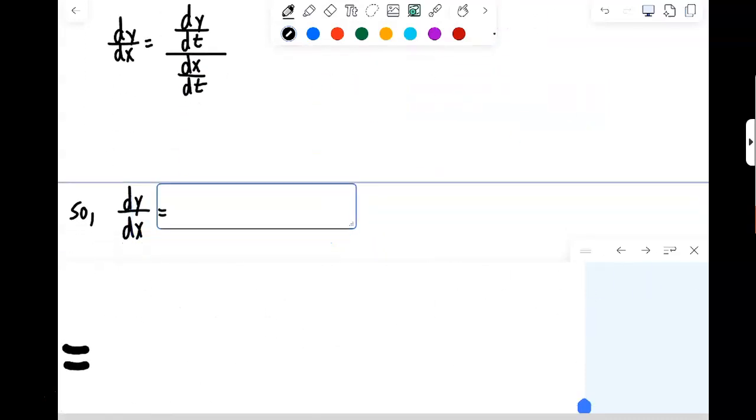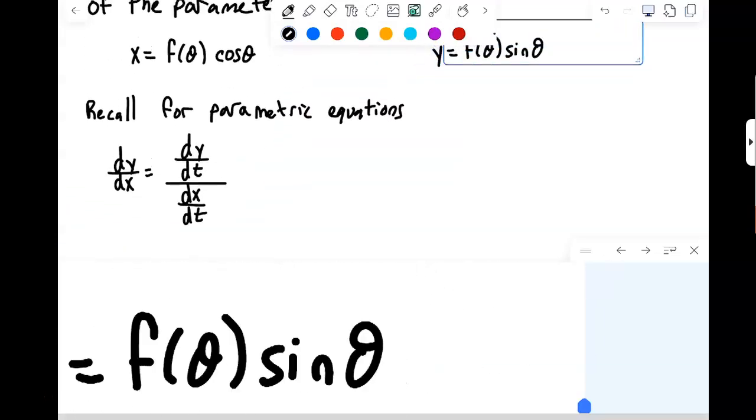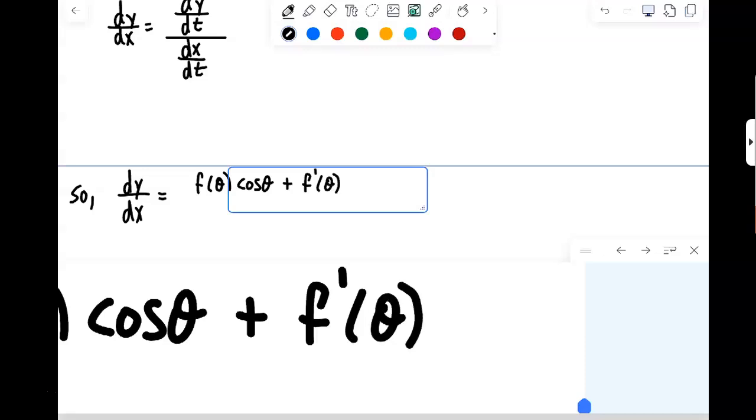But f of theta sine of theta is just a product. So f of theta times the derivative of sine theta, which is cosine theta, plus sine theta times the derivative of f, so f prime of theta sine theta.